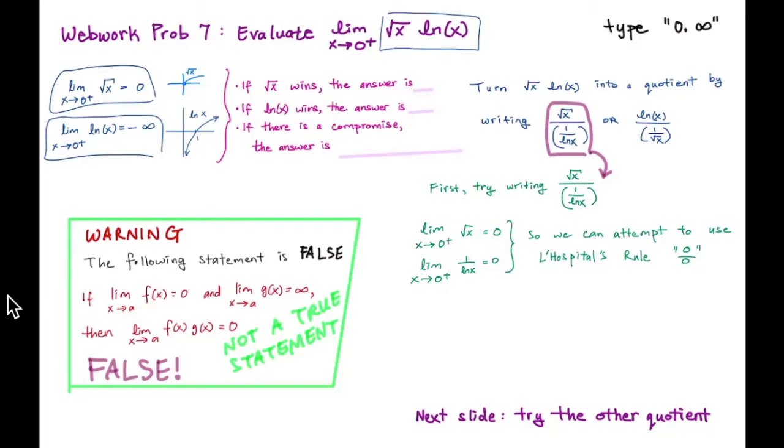If square root of x is more dominant, then this limit will be 0. And if natural log is more dominant, the answer is going to be negative infinity. But often there's a compromise, and the answer would be a non-zero number.